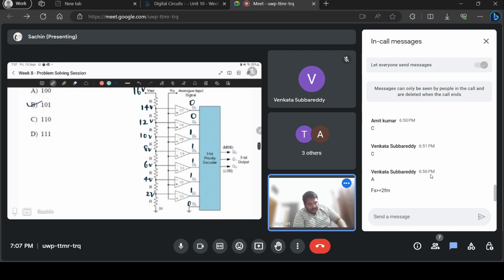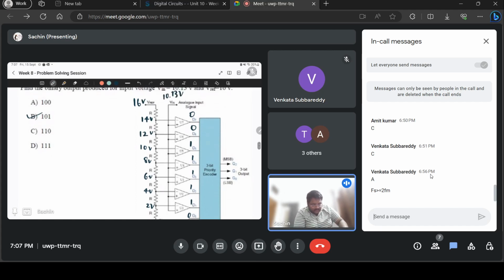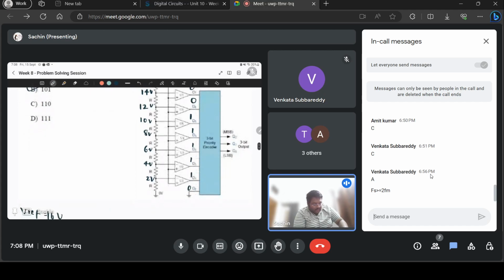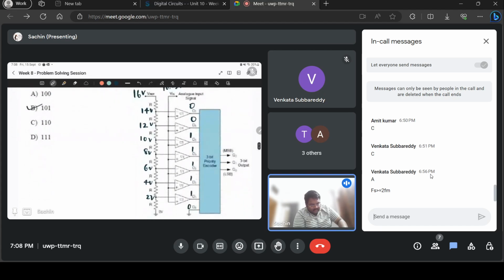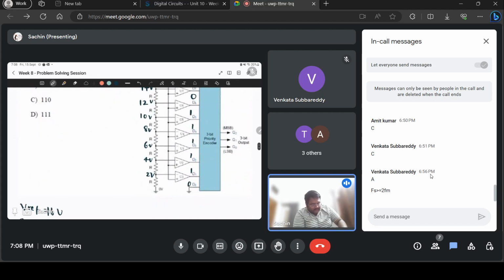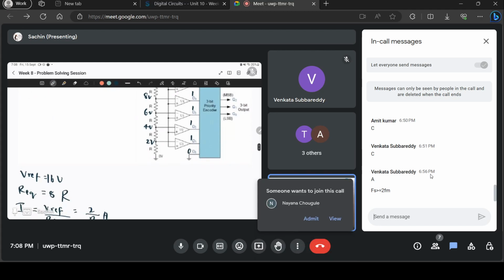And based on that, since it's a priority encoder, you see which are the comparators which have 1, and among those comparators, whichever comes at the top has higher priority. That's how it is. Well, the priority could be designed to be anything you want, but for this circuit, this is the priority, and based on the priority, your output will be some number.